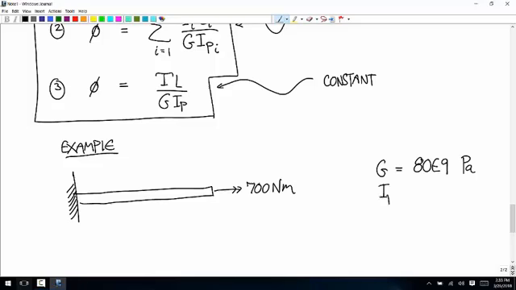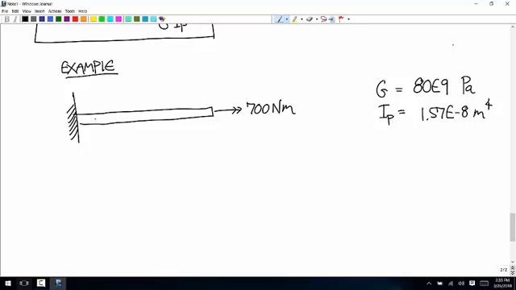And the polar moment of inertia is 1.57 times 10 to the minus 8 meters to the 4th. And we want to calculate the angle of twist along this whole thing.